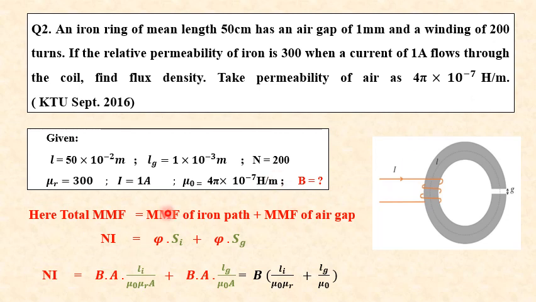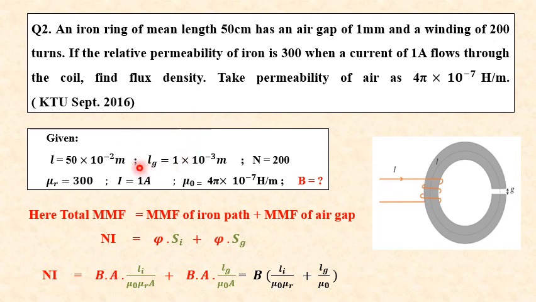So here I need to find out the flux density. So I am substituting flux in terms of flux density. Flux density is equal to phi by A. So flux can be written as flux density into A, where A is the area of cross section.